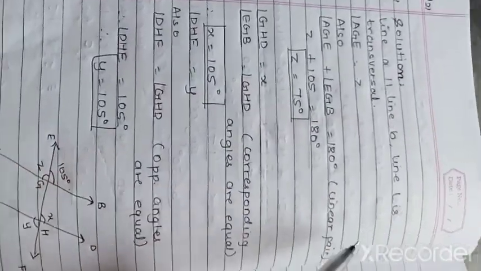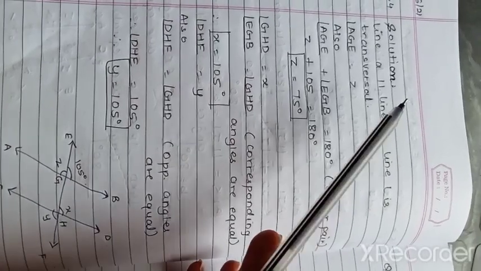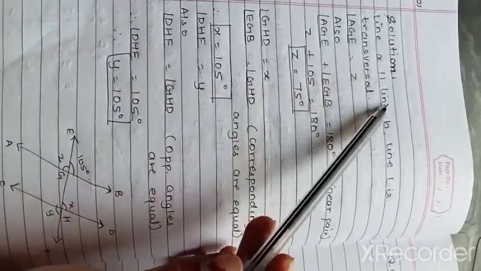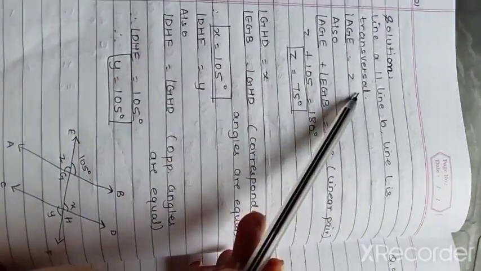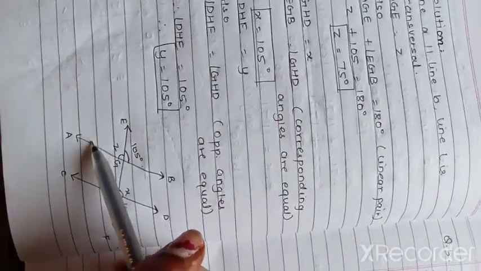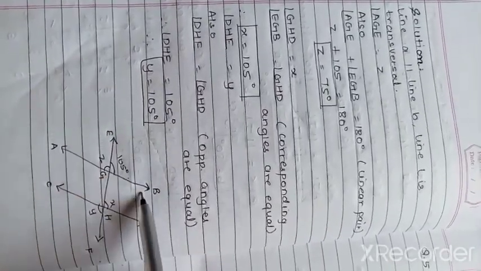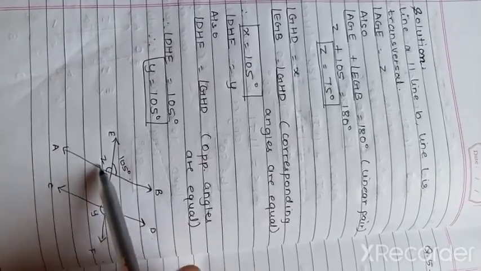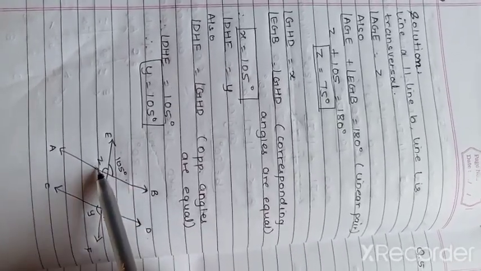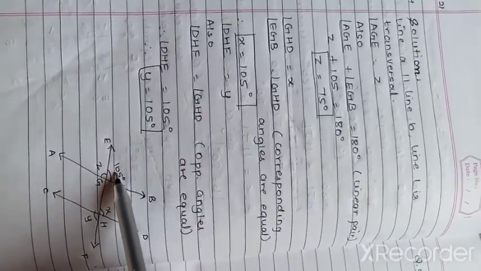Coming to the solution. The solution is, line A is parallel to line B and line L is a transversal. We are naming this and we found that AGE is your angle Z. Also AGE plus EGB is equal to 180 because these angles are in a linear pair. So the addition of these two angles will be 180 degrees.